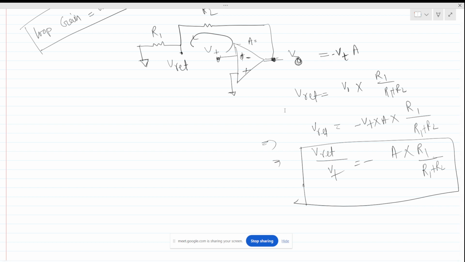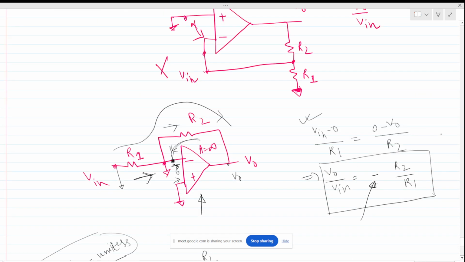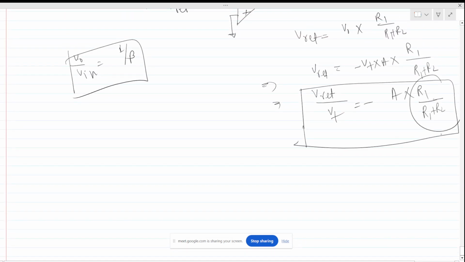Yes, but here we cannot directly say V out over V in is the inverse of this beta, because the beta here is not the same. We will discuss this circuit in later videos.